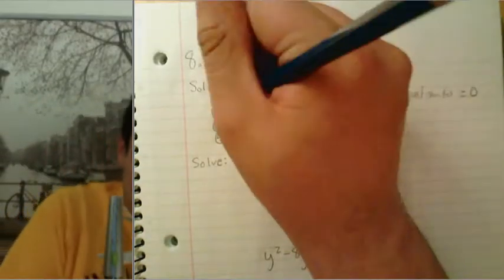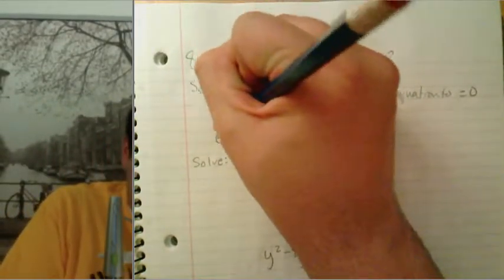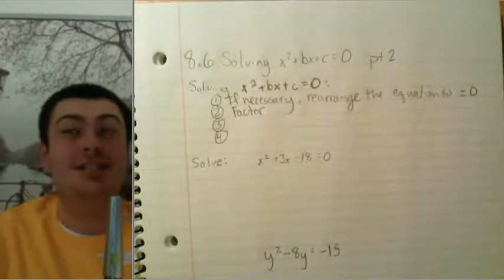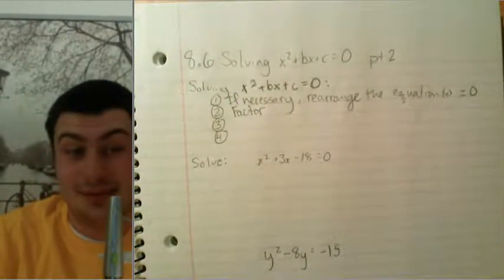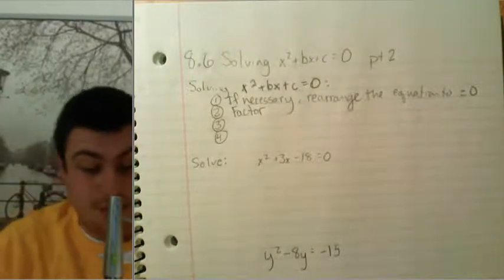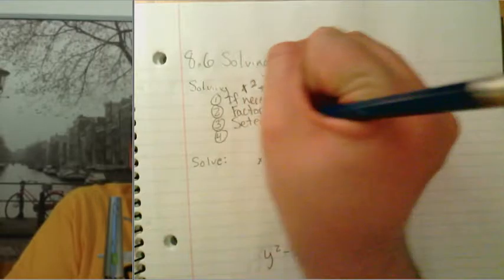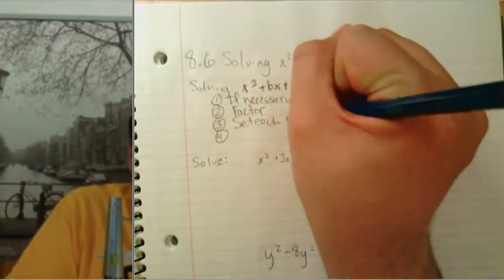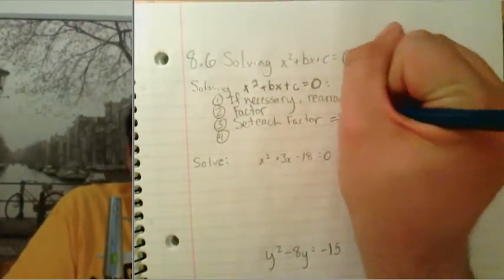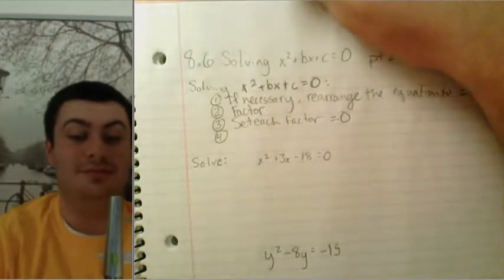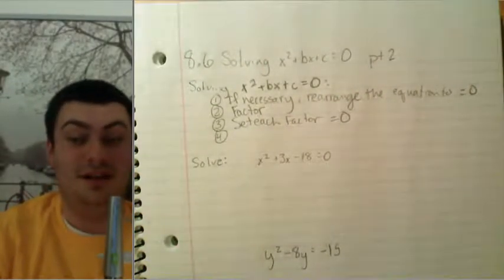Our next step, we're going to factor like we just learned. Sometimes we might still need to find a greatest common factor. Our step 3, we're going to set each factor equal to 0. Why? Because we know about the product rule from our other equations that involved factoring.